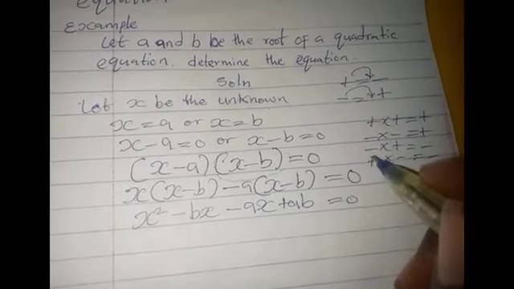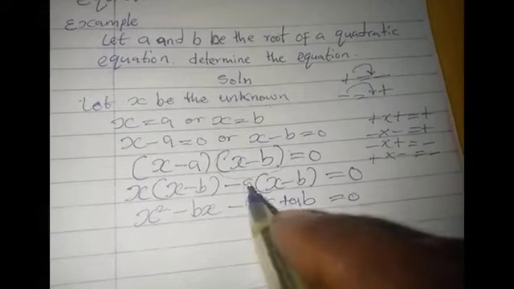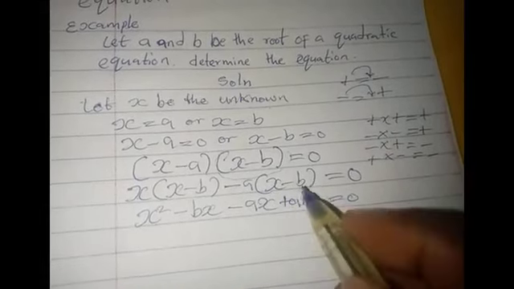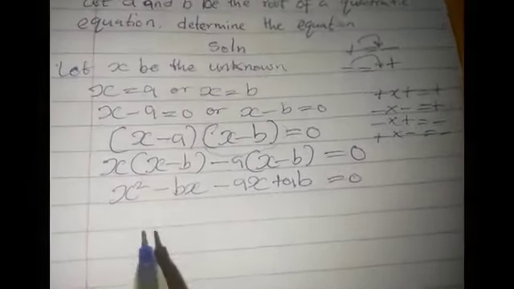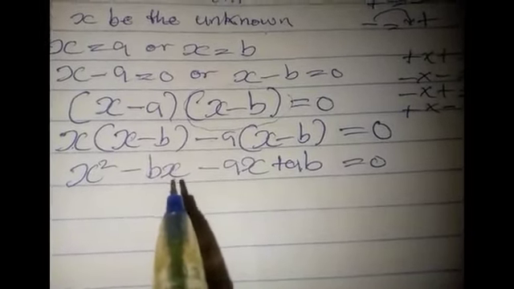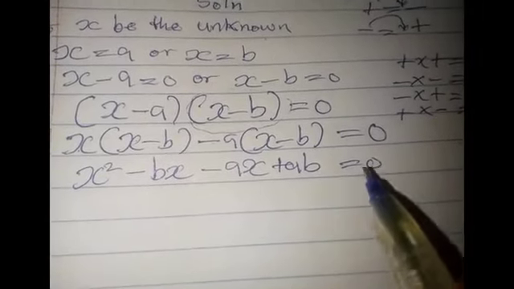Likewise in this place, we used minus multiplying minus. So having this now, we have x squared minus bx minus ax plus ab is equal to 0.